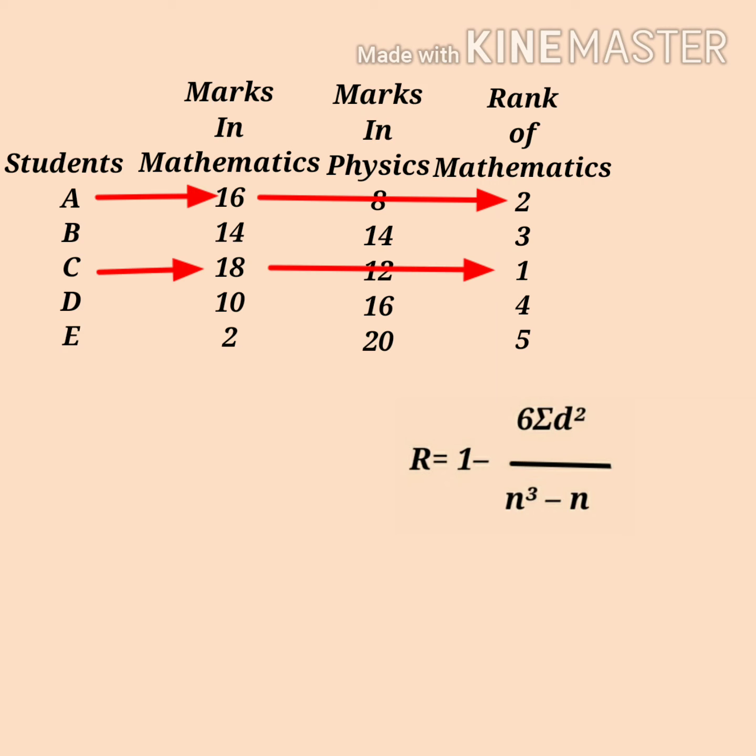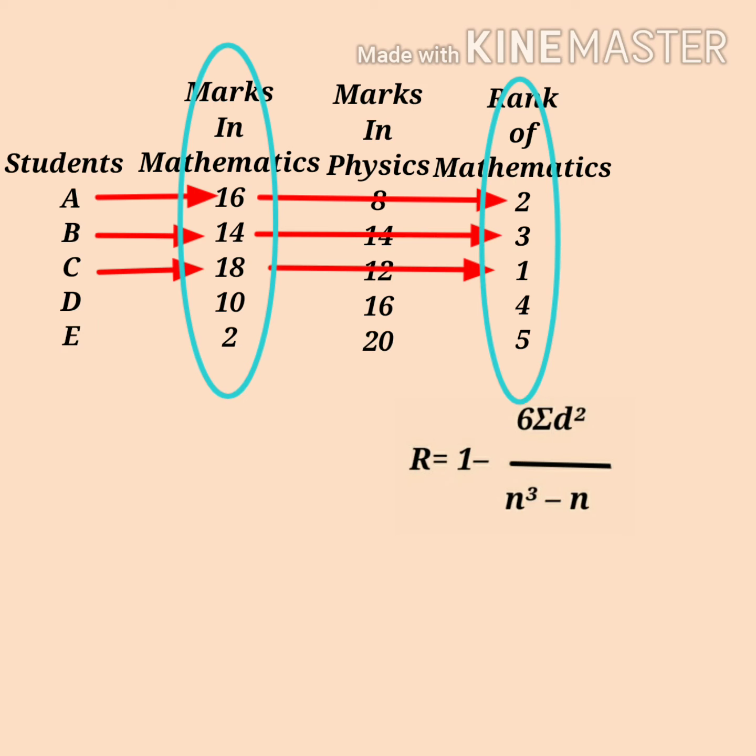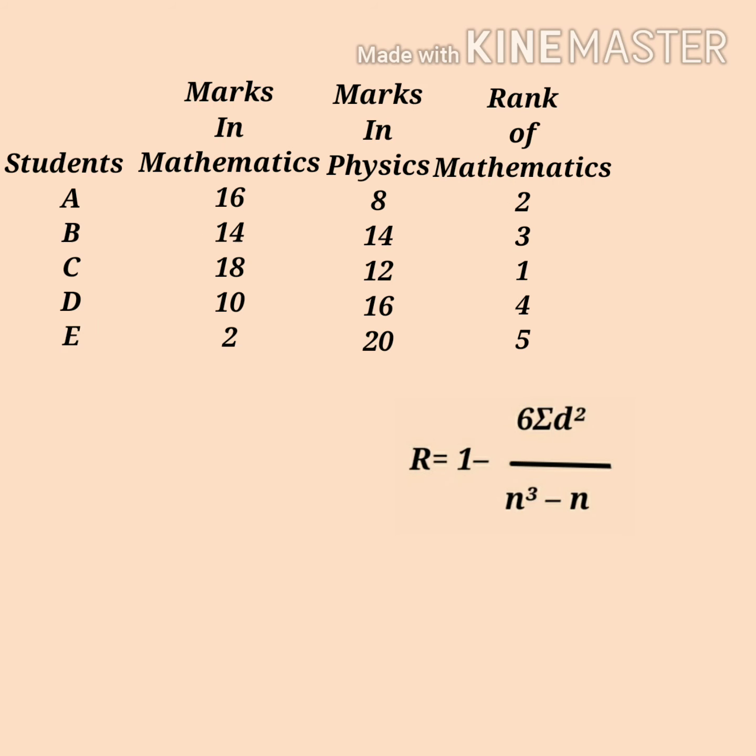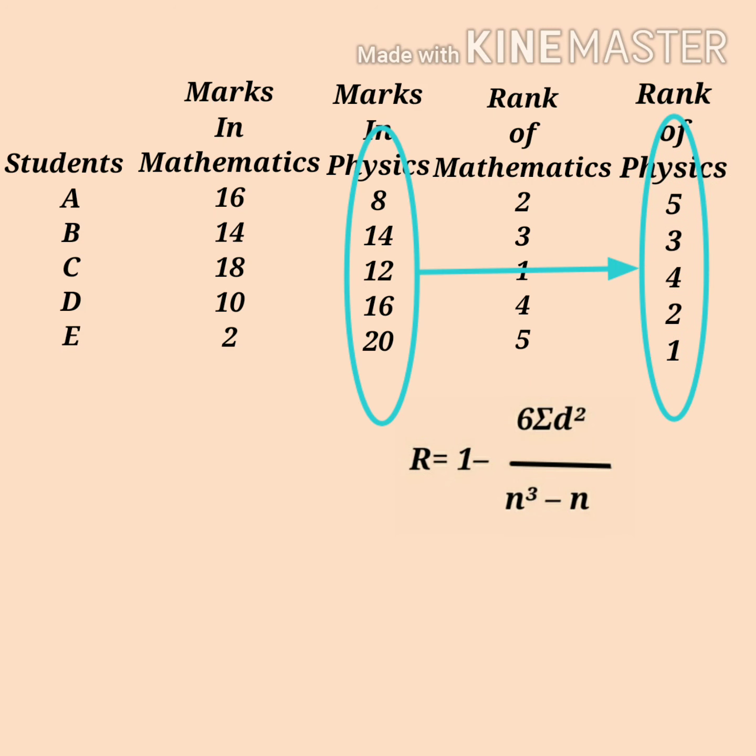And the third highest was got by student B, so I have assigned him rank 3. In such a way I have assigned ranks to all students in mathematics. Similarly, I have assigned ranks to all students according to the marks they have got in physics.